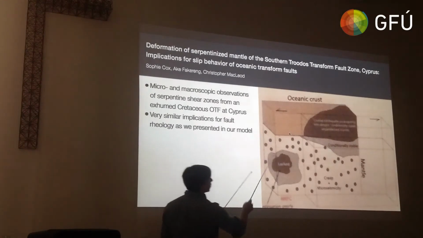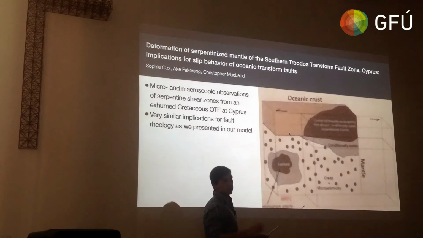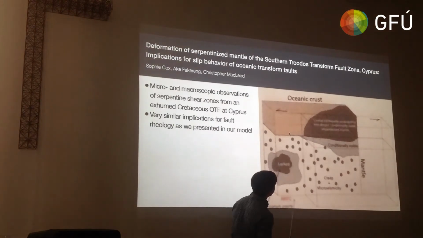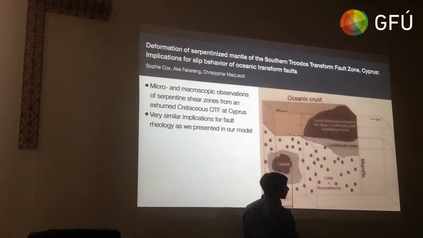But at the end, I'm very sorry for the quality of this picture, I just took a picture with a cell phone of the whole poster, she formulated this model, and she has a crustal part that is seismically coupled, and then a conditionally stable mantle part, and then some dry locked patches on the mantle part of the fault.